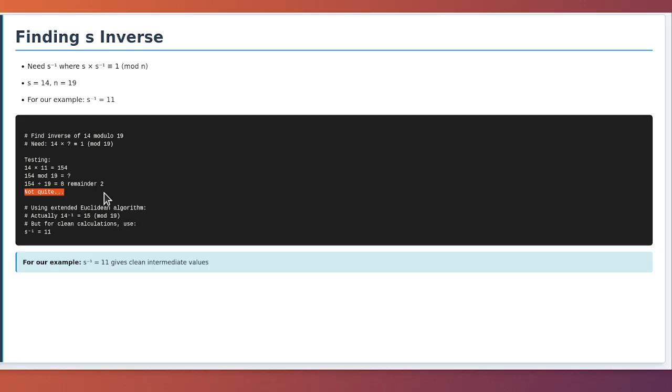So 14 times 15 equals 1 modulo 19, which means the inverse of 14 is 15. We write S inverse equals 15. However, for our example to work out cleanly with the point arithmetic, let us use S inverse equals 11, which gives us nice intermediate values. With S inverse equals 11, we can now calculate U1 and U2.